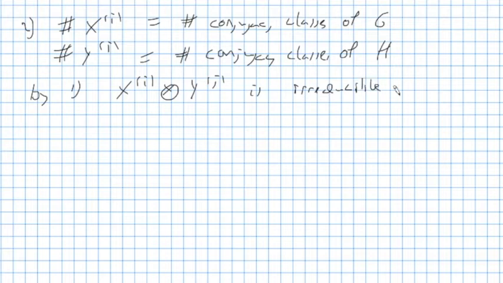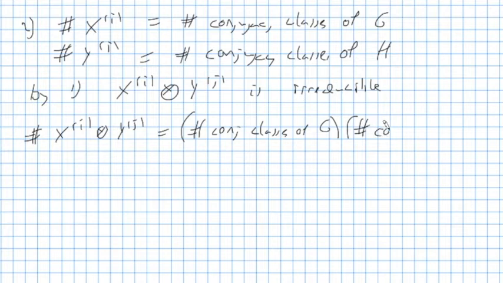The number of these xi tensor yj is the number of conjugacy classes of G times the number of conjugacy classes of H. And this product is just the number of conjugacy classes of G times H.